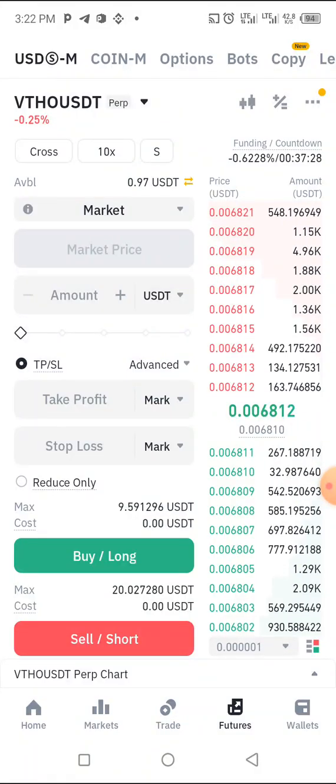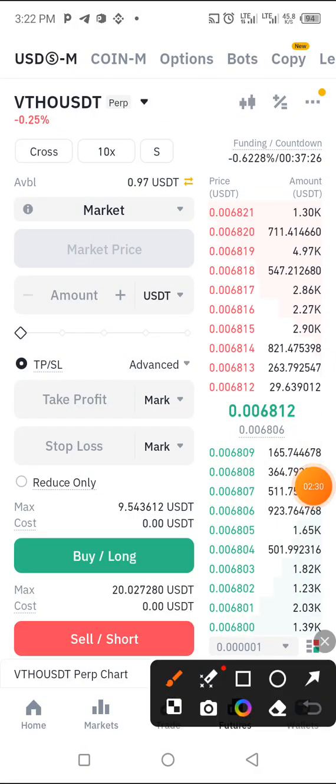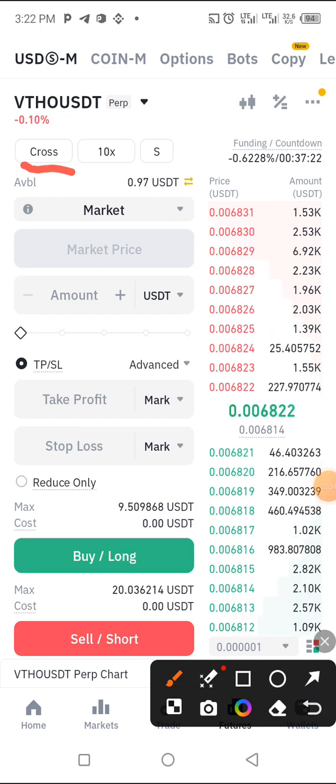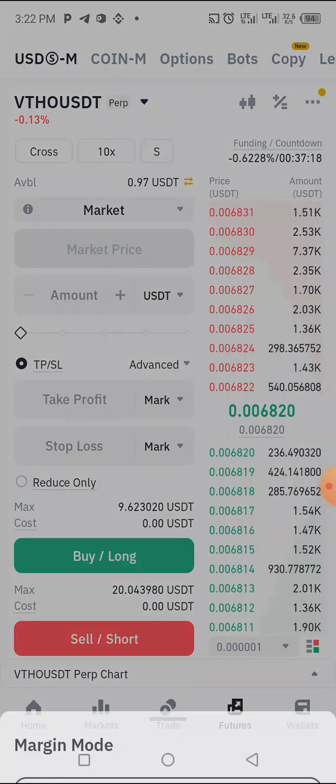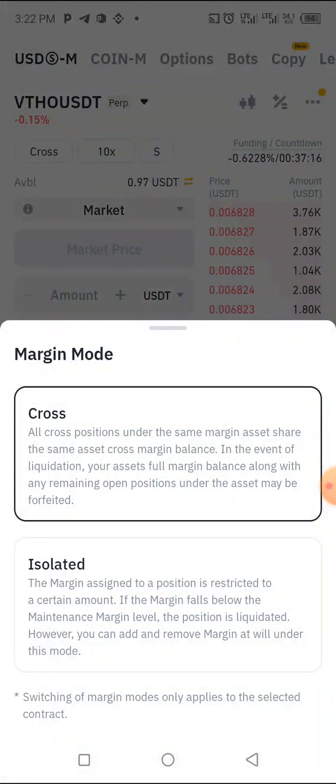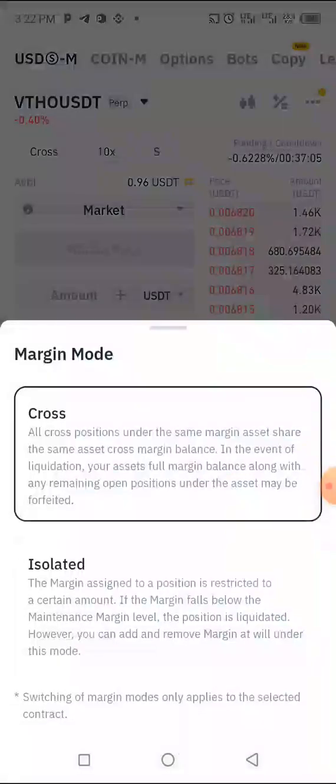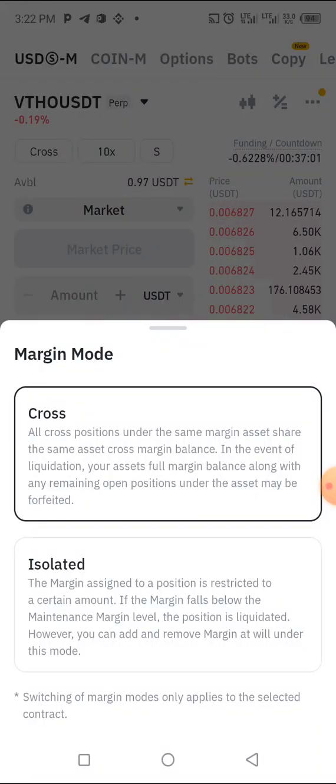On this side too, we have two types of trading modes. When you click on it, you can see cross and isolated. Cross means that if you are trading, the money that you use to start trading can be exhausted and then enter your leftover money.